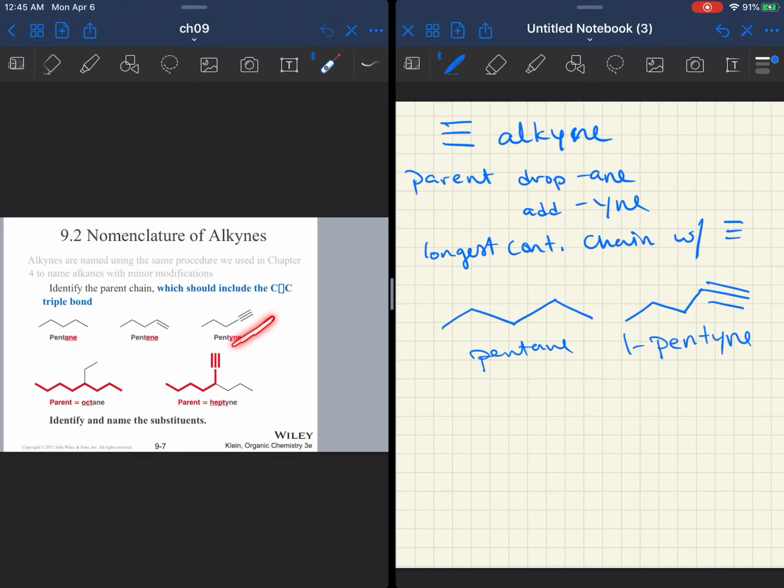Yes, pentane, pentene, pentyne. You do have to number these. Now, notice how Klein drew this here. This is more correct, right? You've got a 180-degree bond angle when you're dealing with a triple bond. Sometimes people have a hard time counting, right? This is 5 carbons and they might leave one out.